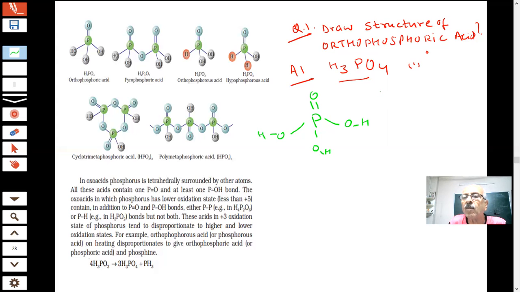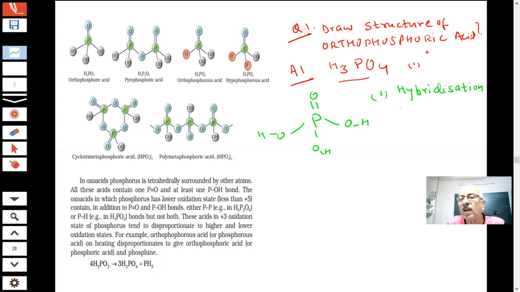Now, what is the hybridization of phosphorus here in H3PO4? It will be sp3.